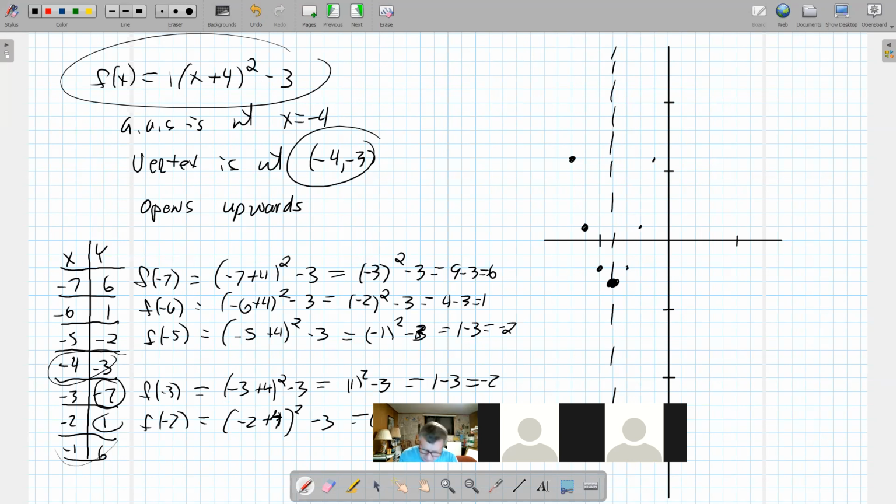There it is, et cetera. So where's the vertex at? It's at negative 4, negative 3. So it's the inverse of what's inside, and the same as what's outside. Okay. Any questions about that?